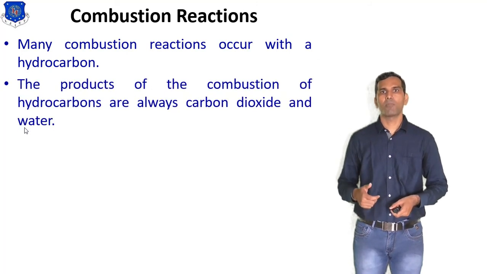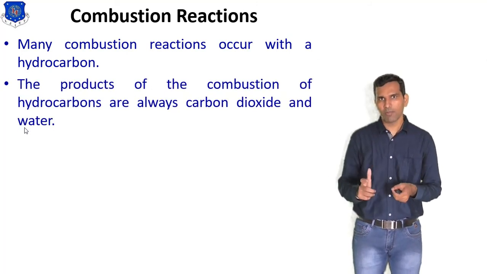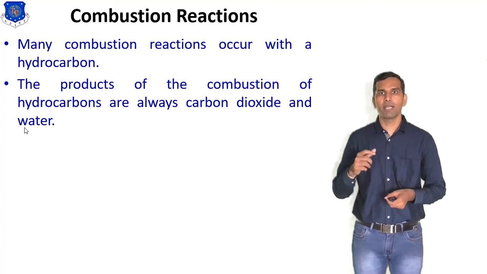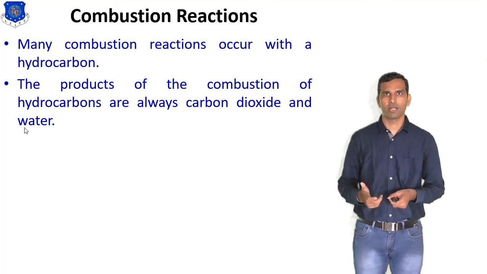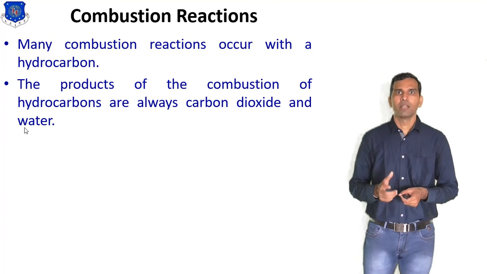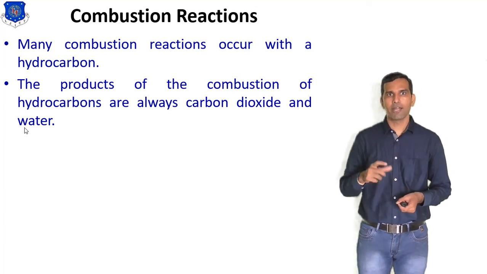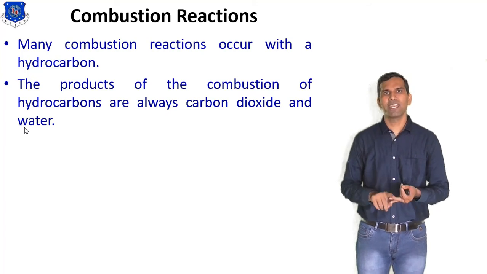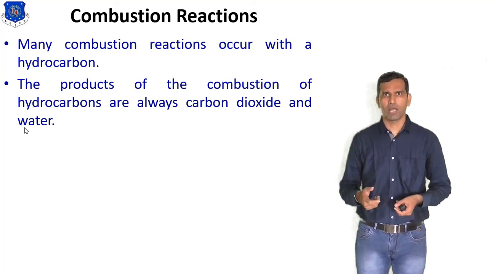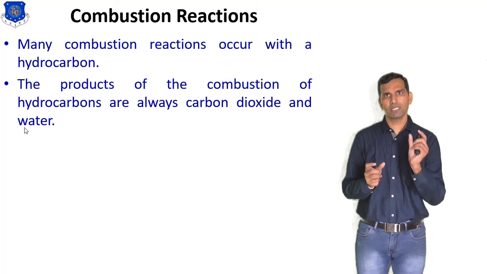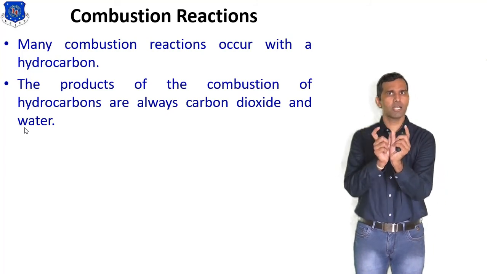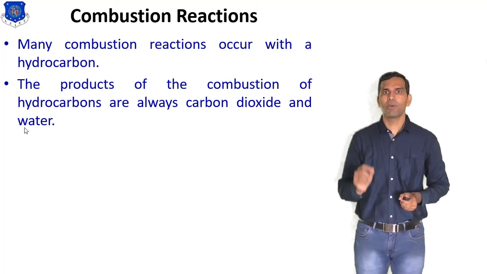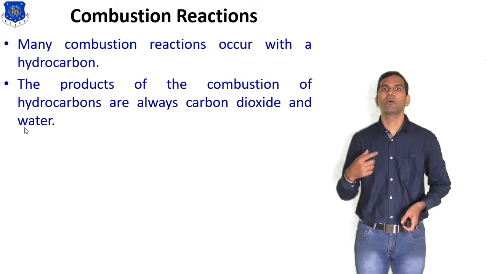The products of combustion of a hydrocarbon are always carbon dioxide and water. We know different types of hydrocarbons, such as methane, ethane, propane. If we mix a hydrocarbon with oxygen, we always get carbon dioxide and water.